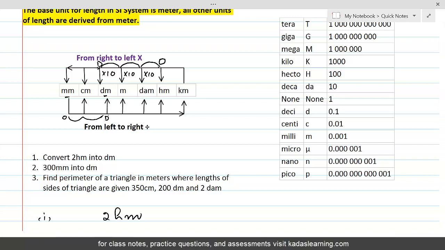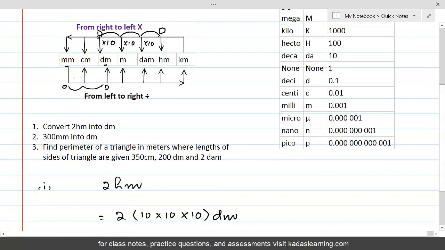So we have to move from left to right. Whenever we move from left to right, we divide by 10 each time. So this time we divide by 10 here, and again we divide by 10. Every time we make a step from left to right, we divide by 10, and for moving from right to left, we multiply by 10.